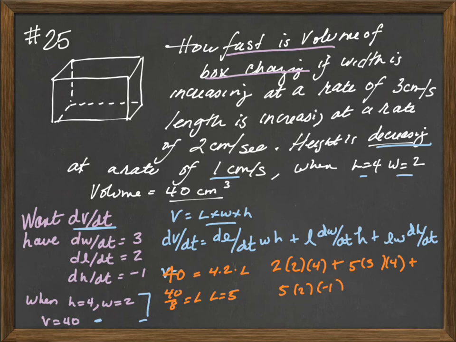So let's see what we got. We have 16 plus 60, that's 15 times 4, right? 60 minus 10. So I get 66.